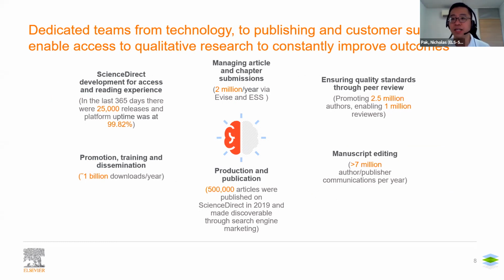We definitely have to ensure quality standards through peer review, and therefore we are able to promote up to 2.5 million authors, where we enable about 1 million reviewers. The manuscript editing process is very important. When the editor communicates with the author, there's also a lot of communication between author and publisher. And this entire process of ensuring absolute quality means that we are able to produce up to 560,000 articles every single year.